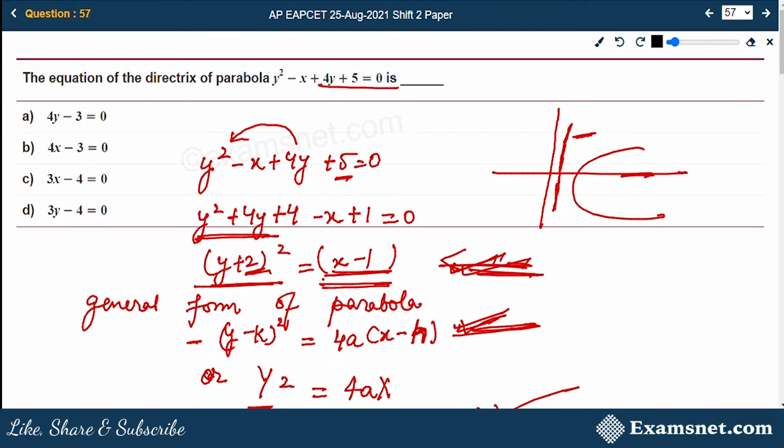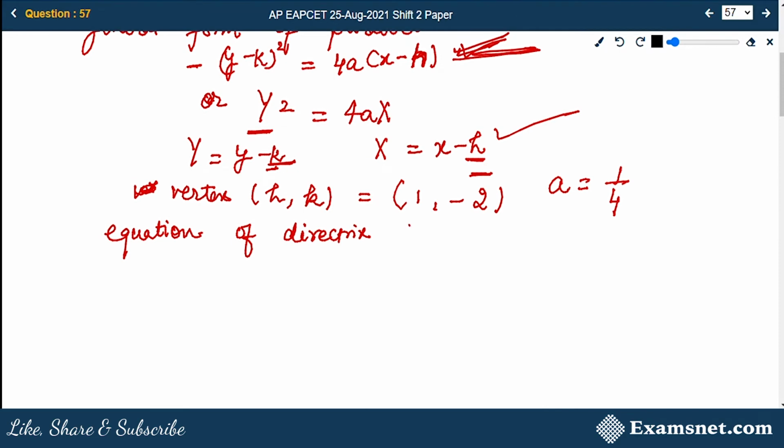So this directrix is always given by x is equal to minus a, right? This x was equal to x minus 1 in our case. This is equal to minus 1 by 4, as a was 1 by 4. On solving, you will get 1 minus 1 by 4, or this is 3 by 4.